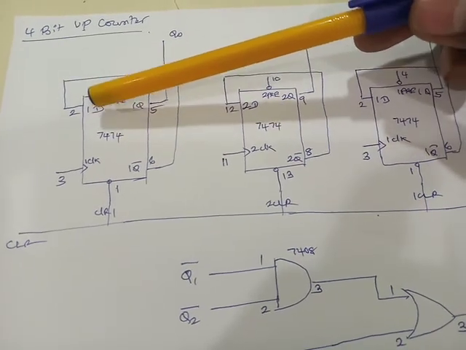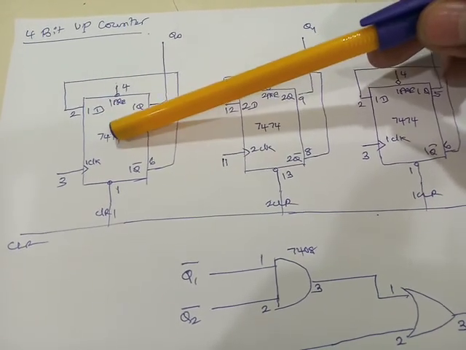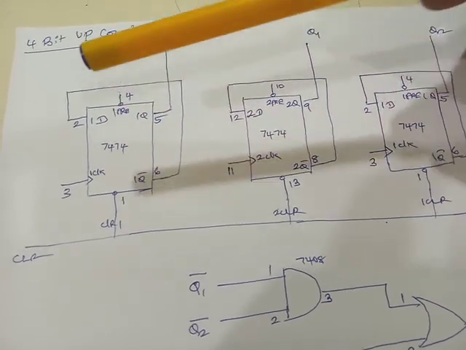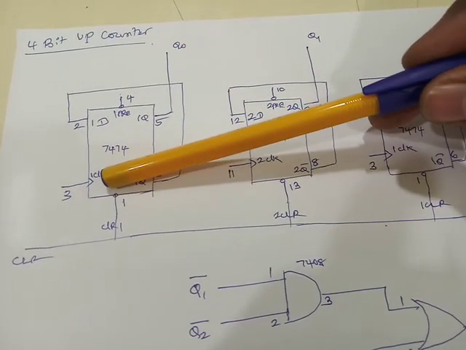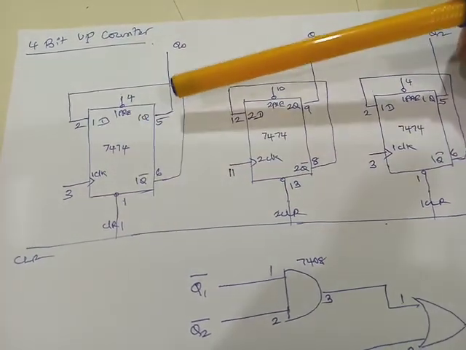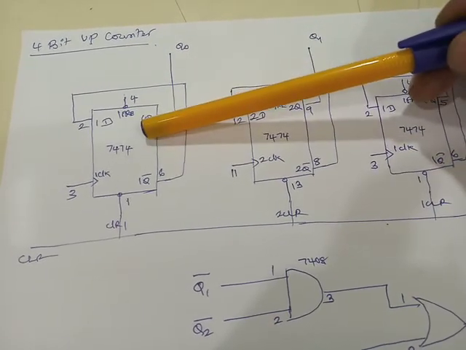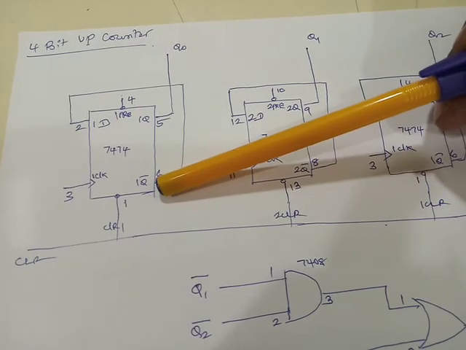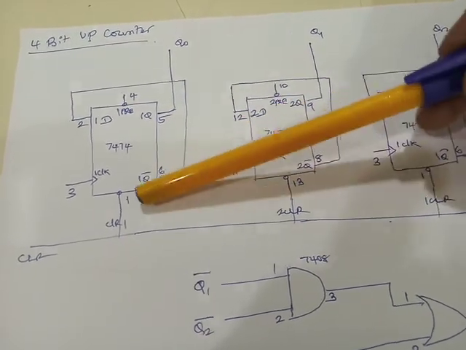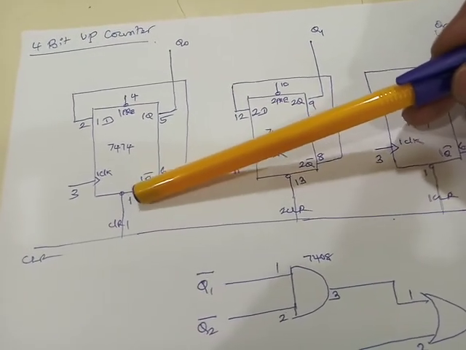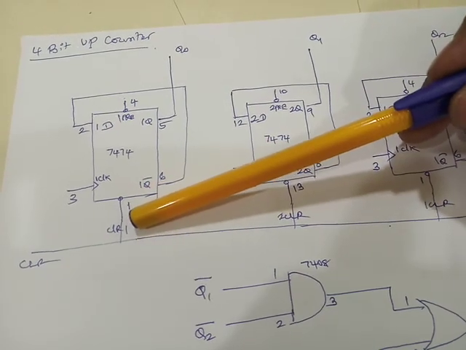Pin number 2 is the data input of the first flip-flop, pin number 3 is the clock for the first flip-flop, pin number 5 is the output of the first flip-flop, and pin number 6 is Q bar. Pin number 1 is the clear pin.